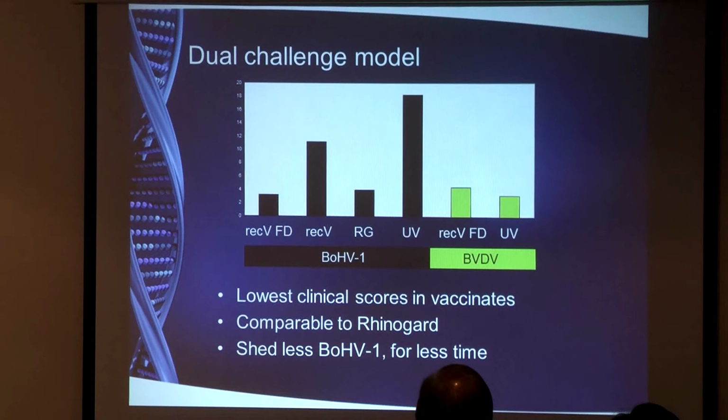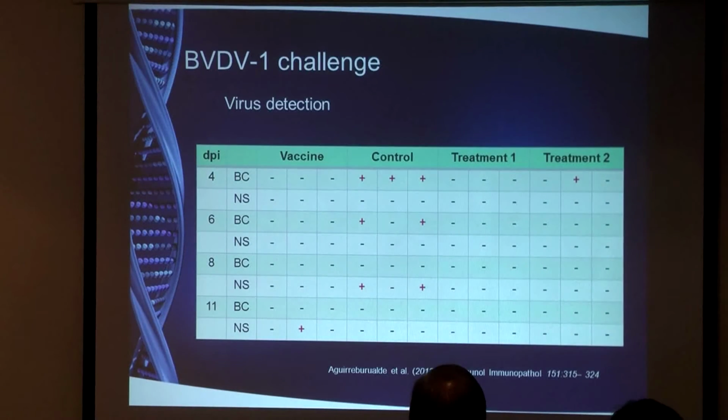But as you can see here, we had a problem with our BVDV side of things in that we don't see any escalation in the clinical signs in these animals. And so that was one thing. We also had problems detecting the BVDV virus in nasal swabs, and so we're a bit concerned that the animals didn't actually get infected.